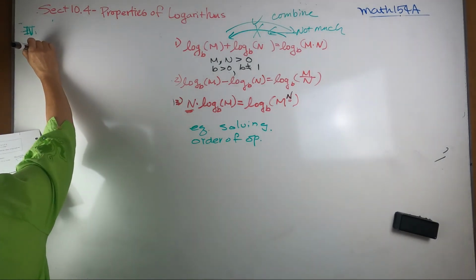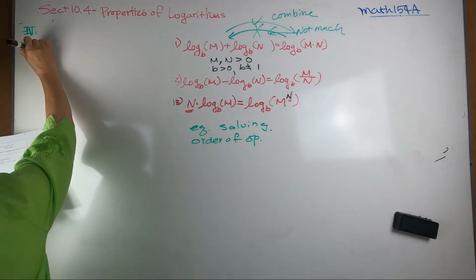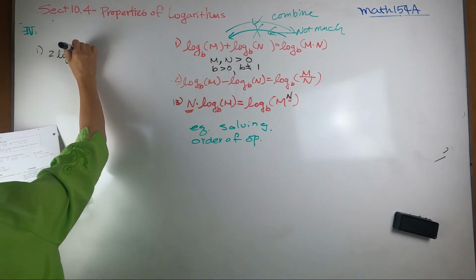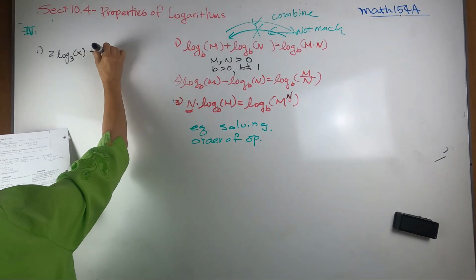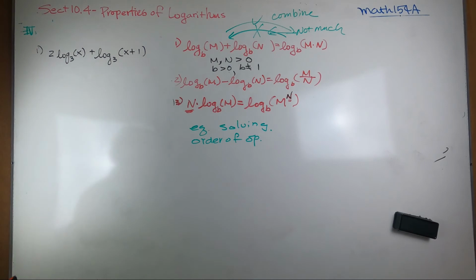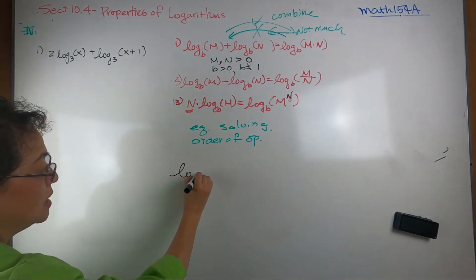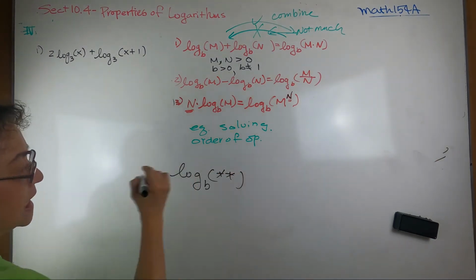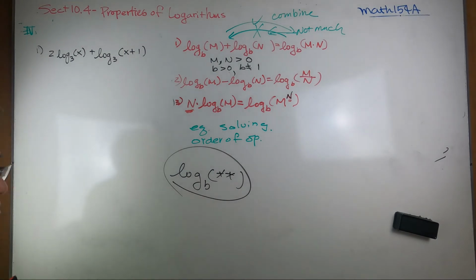Okay, so if we have this one, 2 log(3x) plus log(3x+1), same base, right? We just want to write a single log with a base and something simple inside, just like a simple fraction.